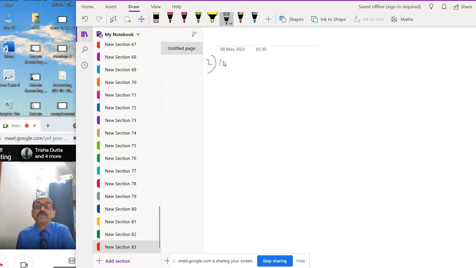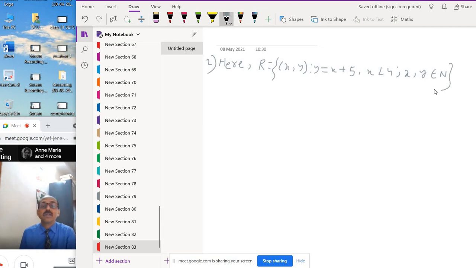So here R equal to {(x, y), ordered pair (x, y), such that y equal to x plus 5 and x less than 4, and x, y belongs to N, natural numbers}.